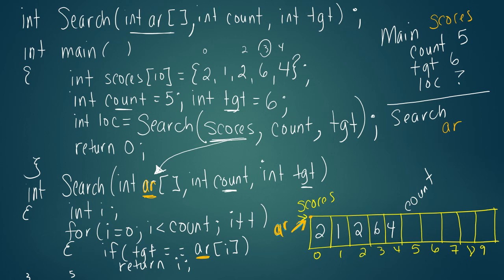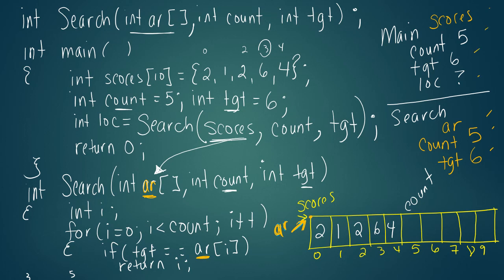I also have a variable called count, which is making a copy of the other count. I also have a variable called TGT, which makes a copy of the TGT that's in the main function. So these are the local variable names, AR, count, and TGT, and these are the local variable names in main: scores, count, TGT, and location.